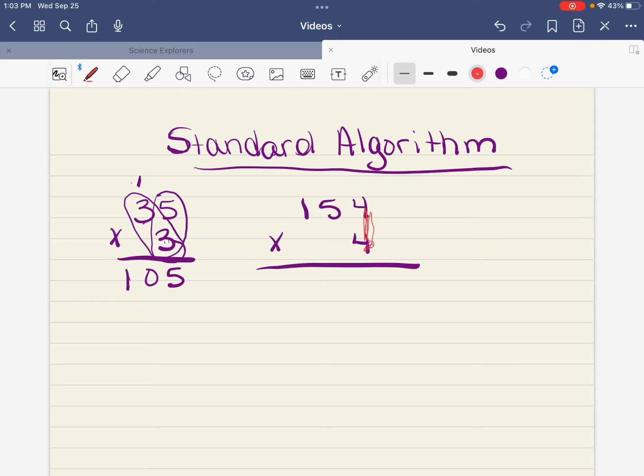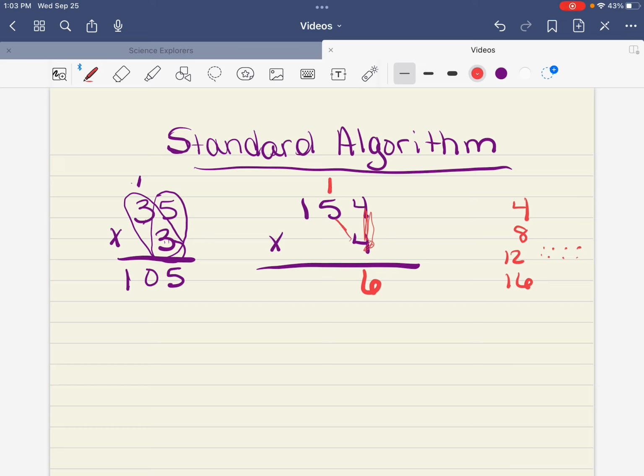And if you don't know your multiplication facts, you could do a little skip counting list: 4, 8, 12, 16. You could make yourself a little list on the side if that helps. So 4 times 4 is 16. We put our 6 and we carry that 1 to the next column.